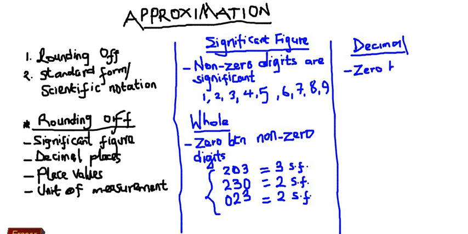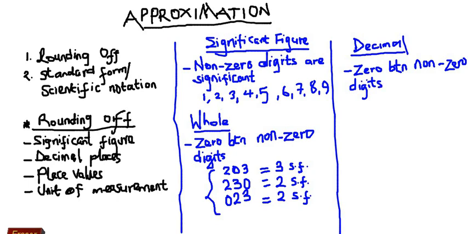So a 0 between non-zero digits is significant.